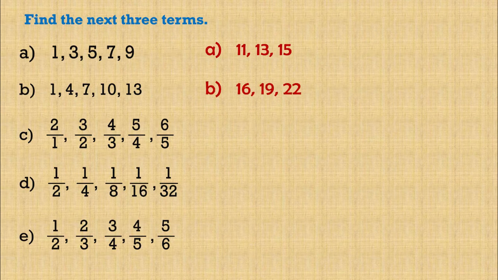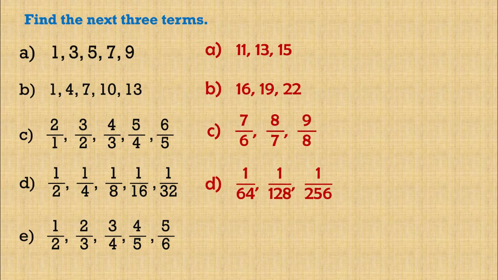So in letter B, it's 16, 19, and 22. In letter C, it's 7 sixths, 8 sevenths, and 9 eighths. In letter D, it's 1 over 64, 1 over 128, and 1 over 256. In letter E, it's 6 over 7, 7 over 8, and 8 over 9.